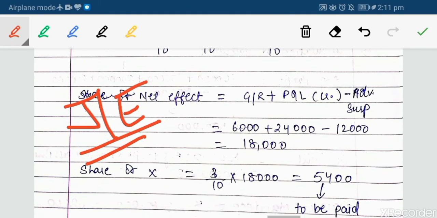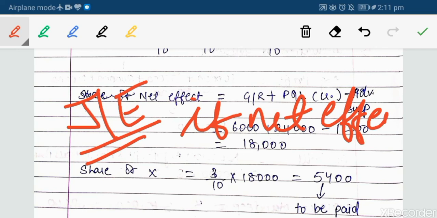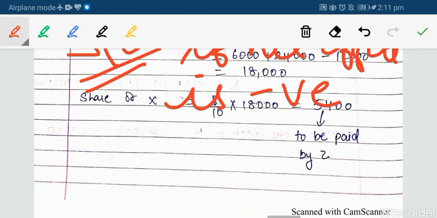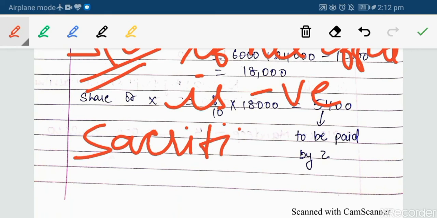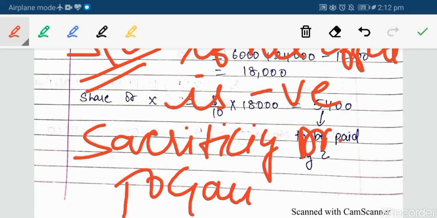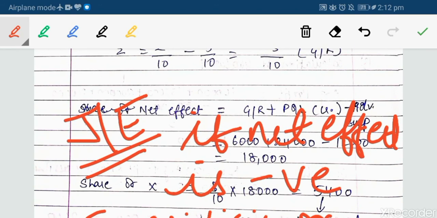If the net effect is negative, the journal entry will be reversed. In case of positive we are passing gaining to sacrificing. Now we will be passing sacrificing partner's debit to gaining partner. So the treatment will be like this only.